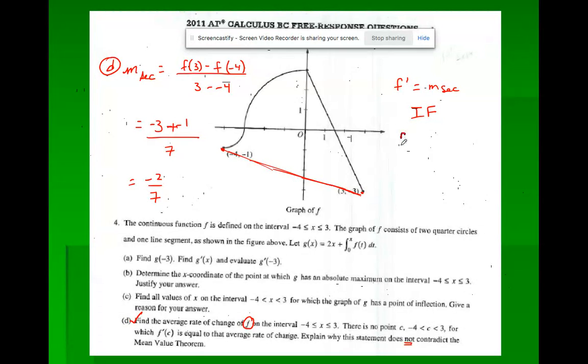F was continuous on the closed, and it is, but f had to be differentiable on the open. Is it differentiable on the open? Therefore, does not contradict the mean value theorem.